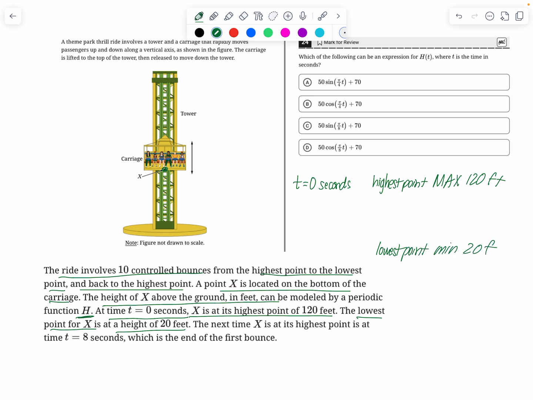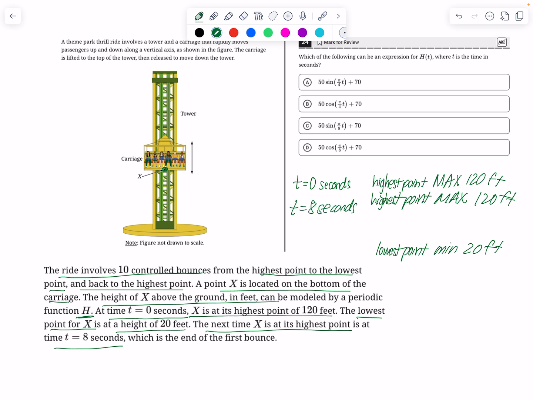Okay. And then the next time X is at its highest point, so again, it's reaching back to its maximum, is at t equals 8 seconds.